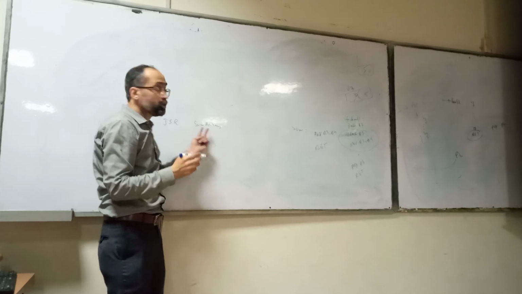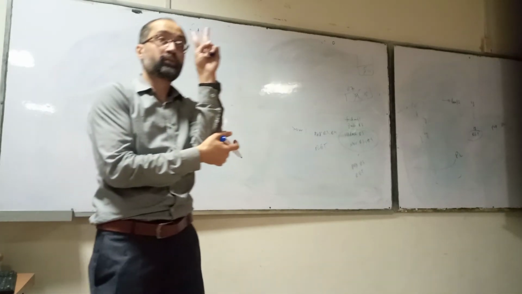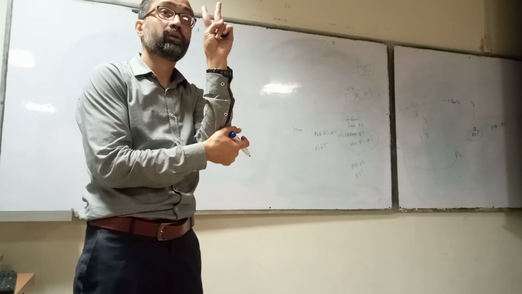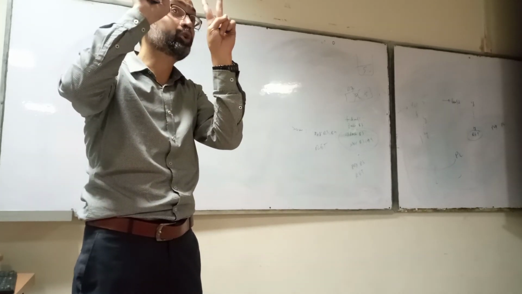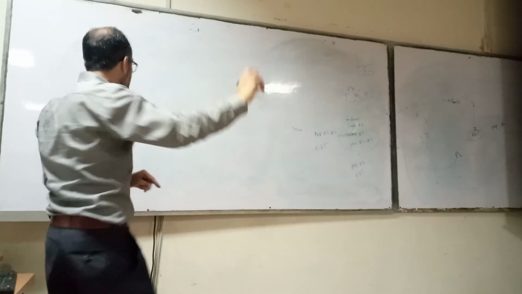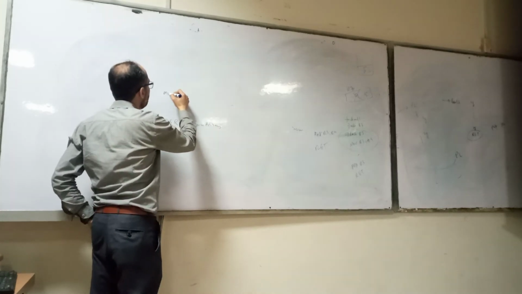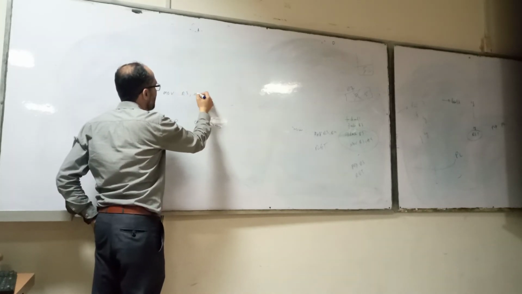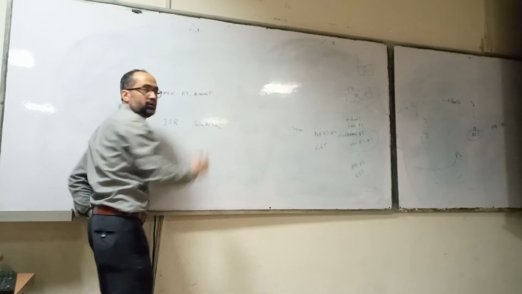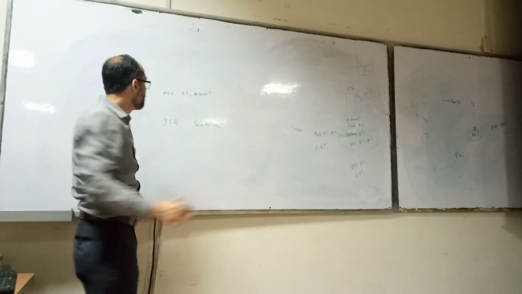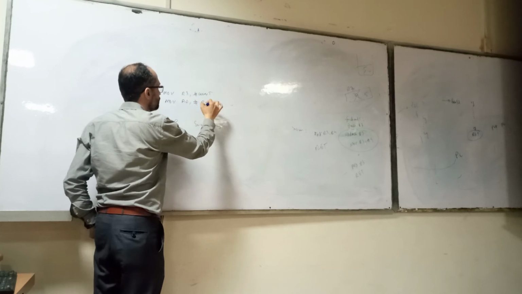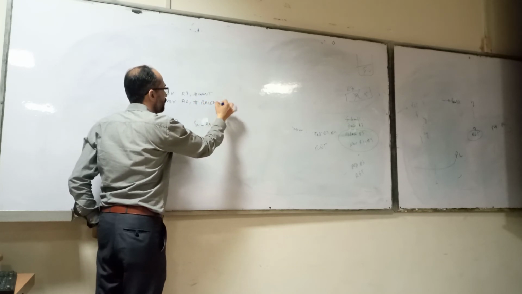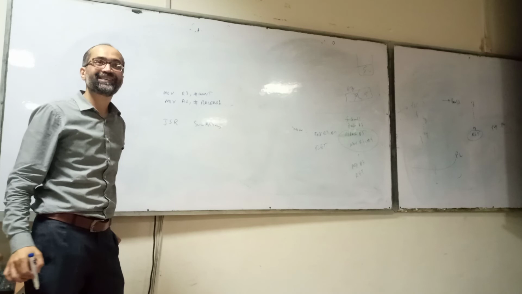For this, you need to pass two pieces of information: the base address and the count. So you can say move R3 hash count, and then move A0 hash base address.